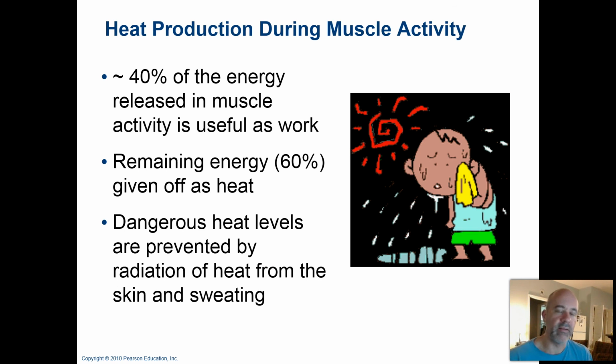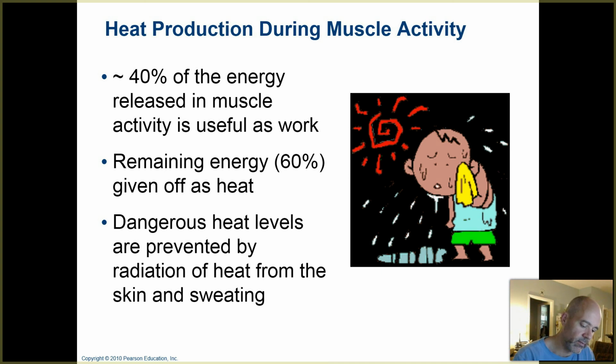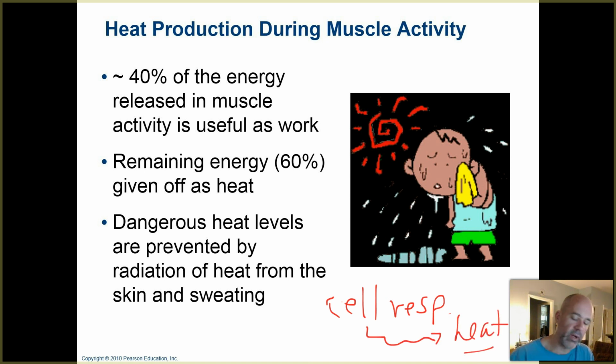Okay, another byproduct of muscle activity is heat production. Whenever you do cellular respiration, whenever you break down nutrients, you give off heat. So as nutrients are broken down, we capture some of that energy and store it in the form of ATP, but some of that energy actually gets lost as heat.